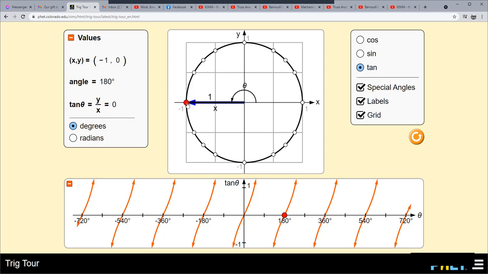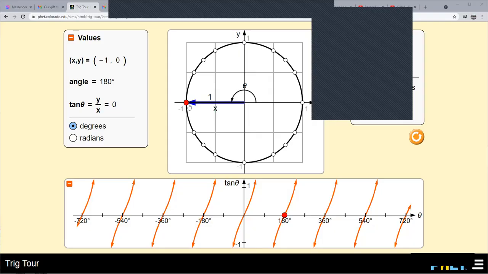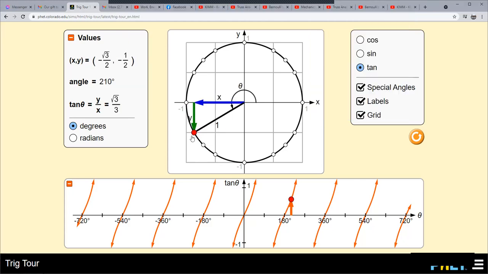Now we are down at the 180-degree angle. Again, the value for x is negative, but the value for y is 0. So that's how the different sign conventions will be shown in the diagram.